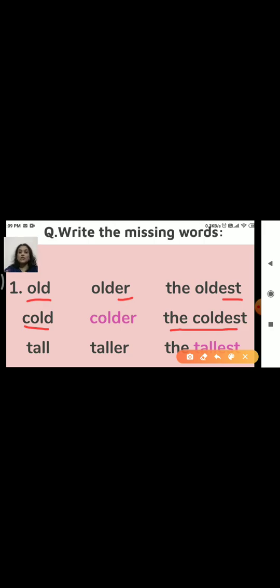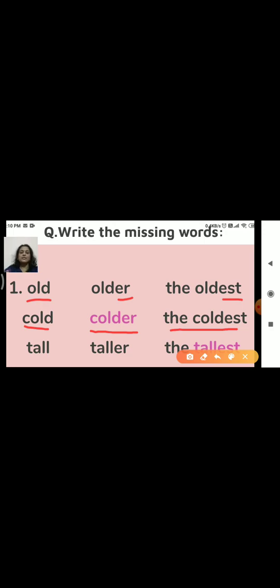So which degree is missing now? Comparative degree, isn't it? Okay, so what will come? Which letters do we have to add? ER. So here we got colder, right? Cold, and we got colder. We have added ER here.